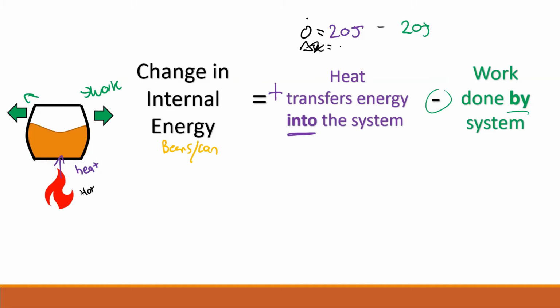So what I'm going to do now is turn all of these terms into their own symbols. So these are the symbols. The change of internal energy is written down as delta U. Change in is represented by the delta, and the U is the internal energy.